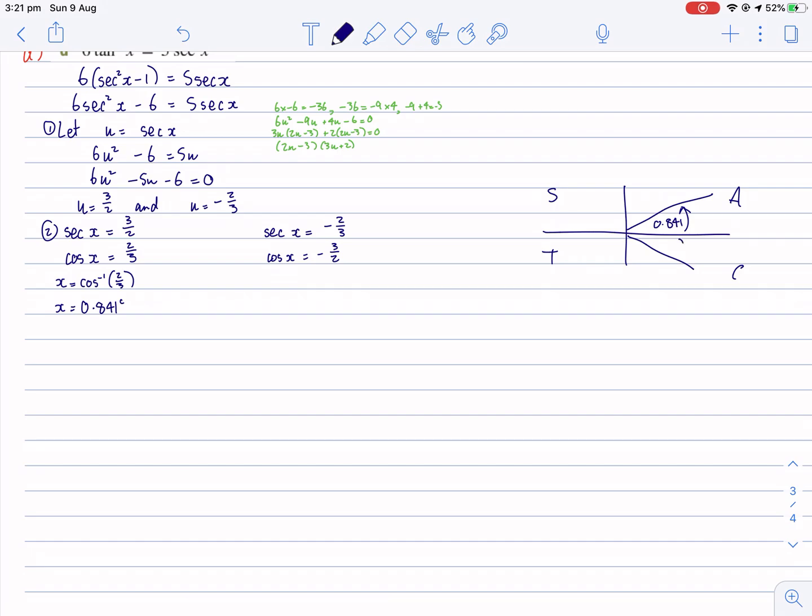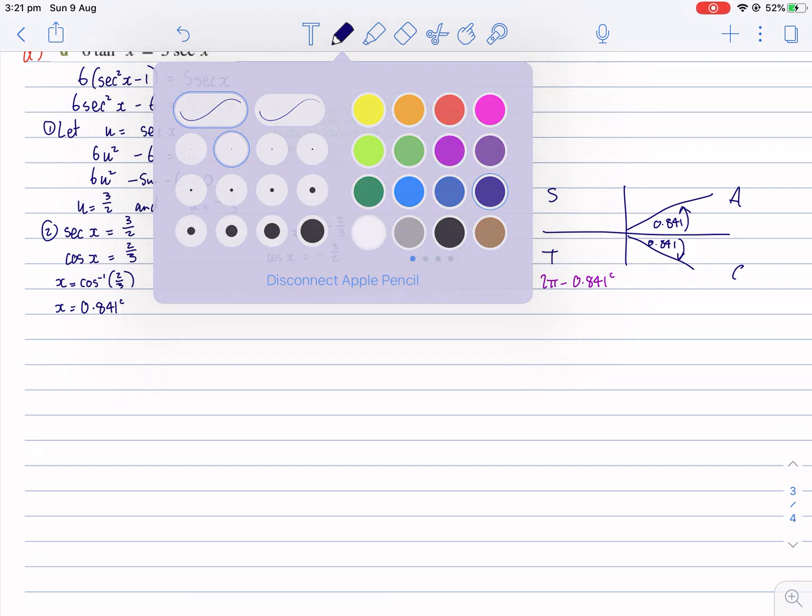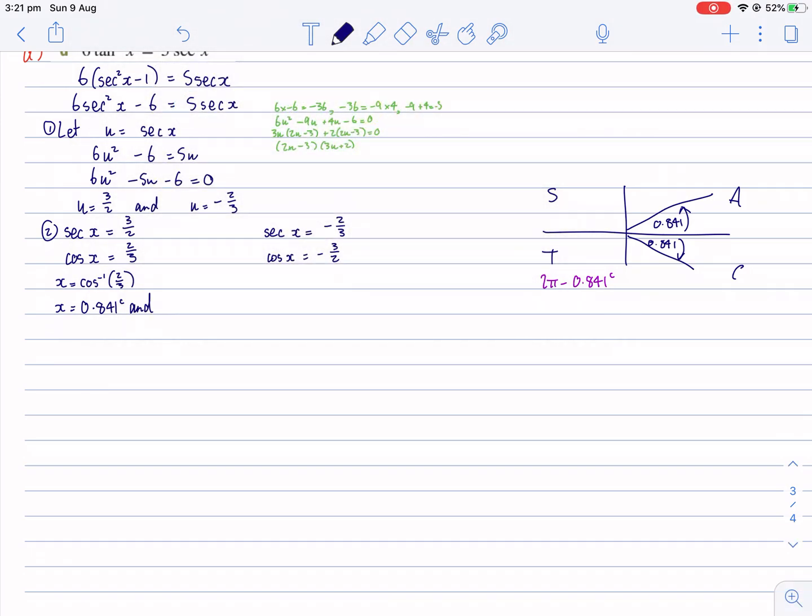ASTC, so we also want to go down from that. So we want to do 2 pi minus 0.841 radians, so 2 pi minus the answer. That's 5.442 radians.